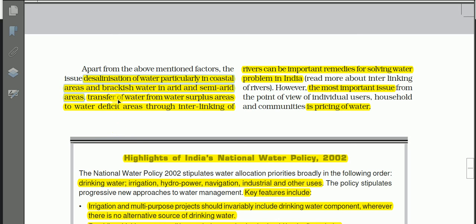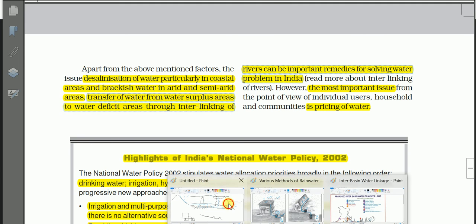Then another measure to solve the scarcity of water is the transfer of water from water surplus areas to deficit areas through interlinking of rivers. Interlinking of rivers is like this.